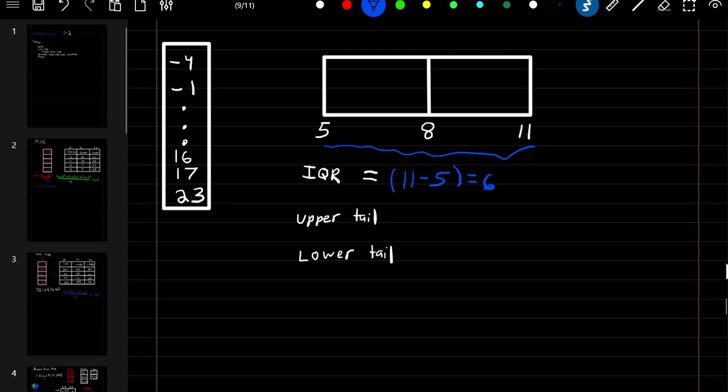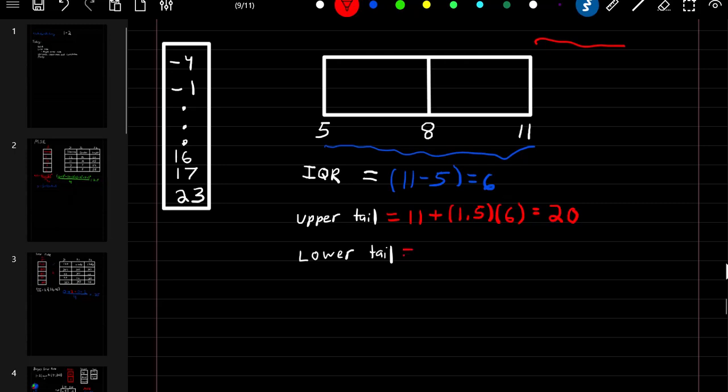Now the upper tail is going to be this tail here. It's just going to be equal to the 75th percentile, which is 11, plus 1.5 times the IQR, which we found to be 6, and we get a value of 20.